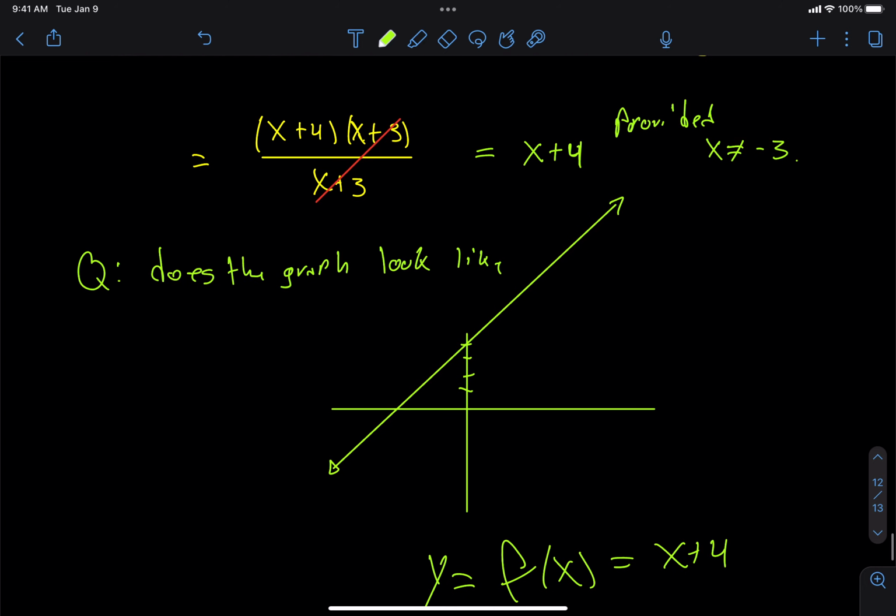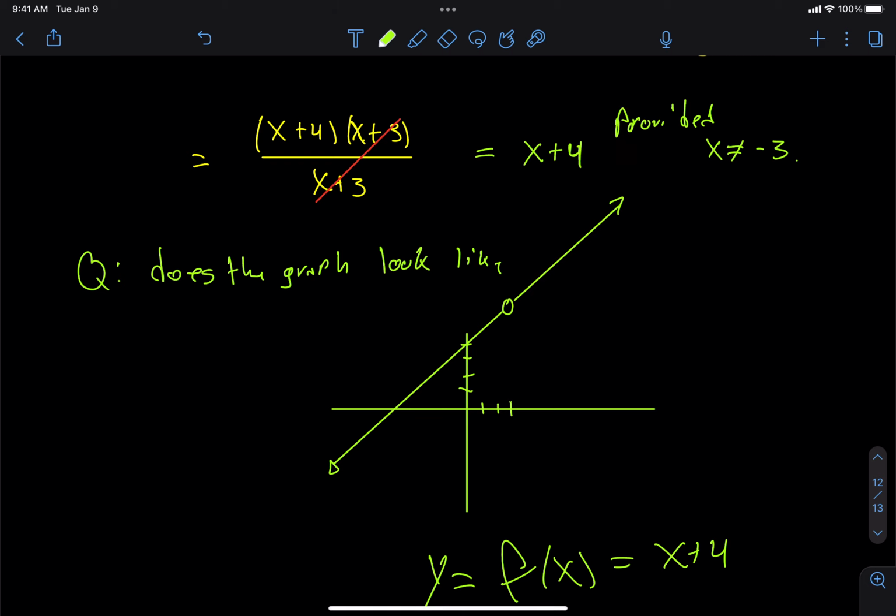So how can I fix my graph? I need a hole right here, a little hollowed out circle. So not like this, but rather like this, because x should not be equal to -3. So I just make this line look like so.